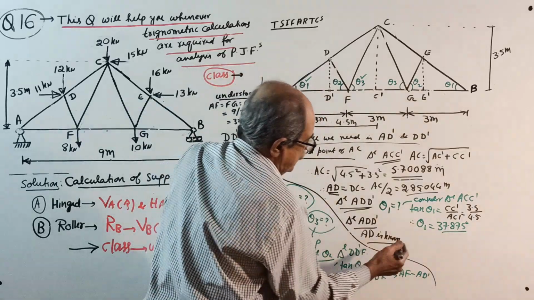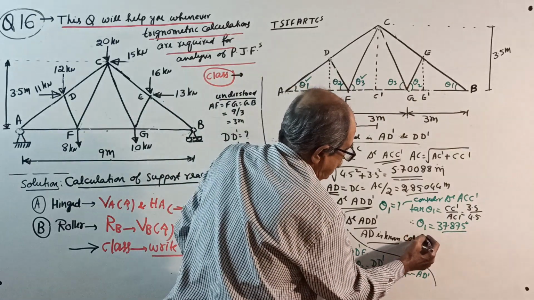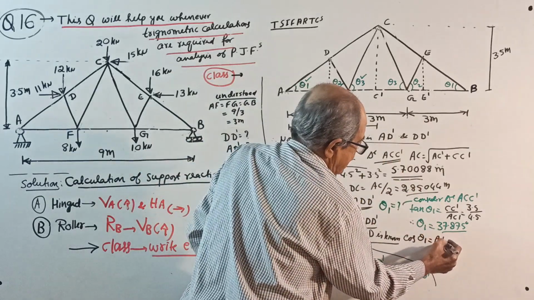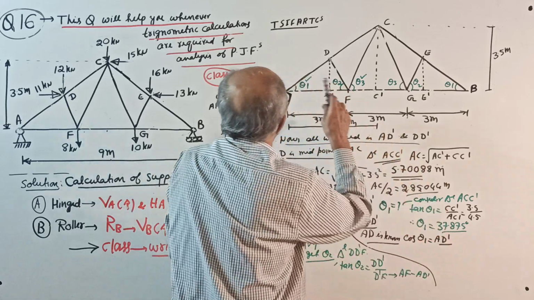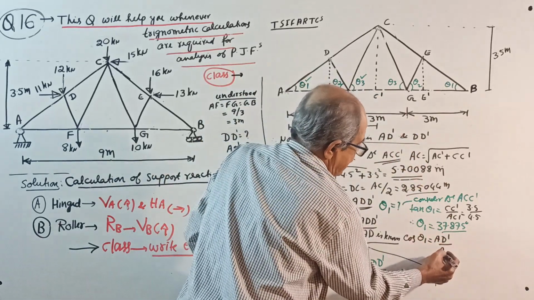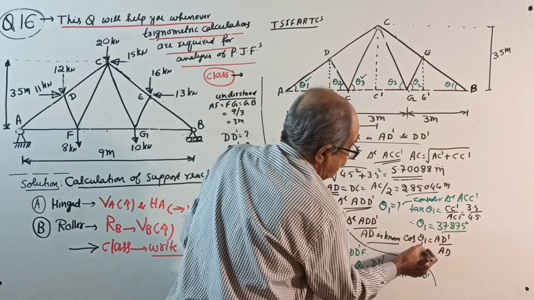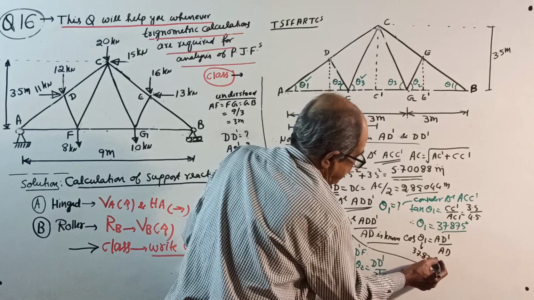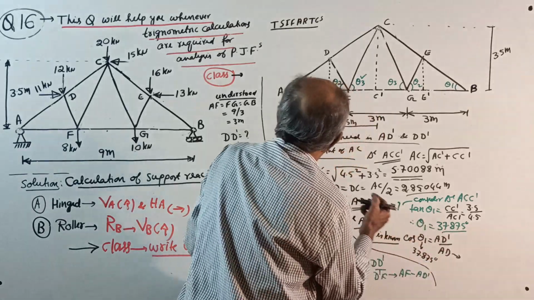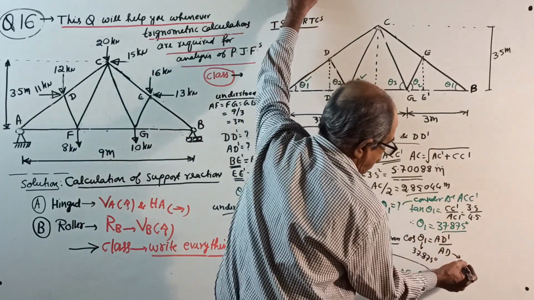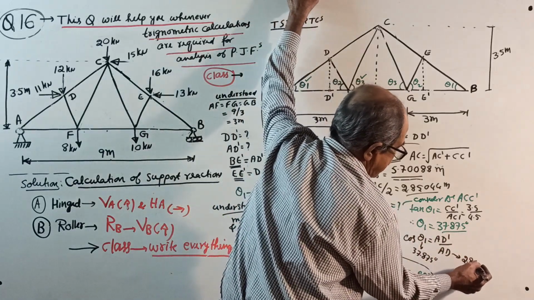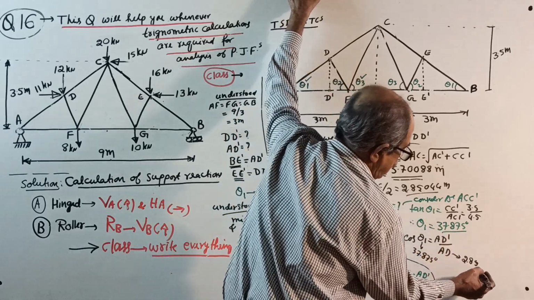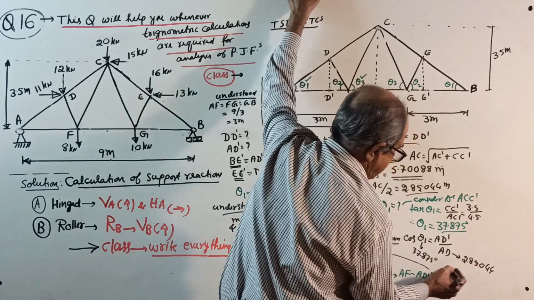Cos theta 1 equal to AD dash divided by AD. Theta 1 equal to 37.875 degrees and AD equal to 2.85044 meter.